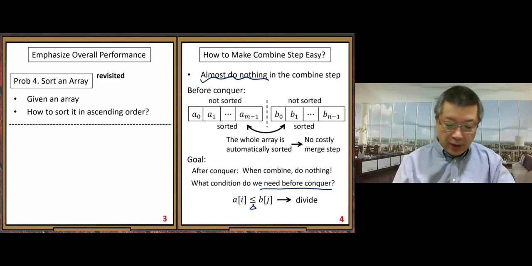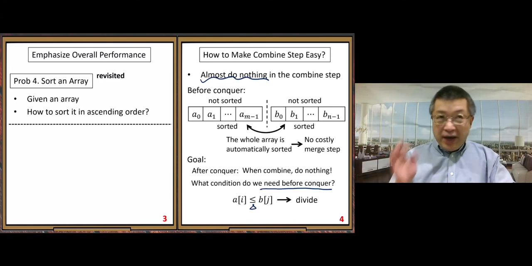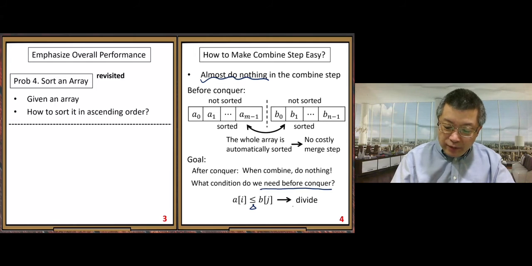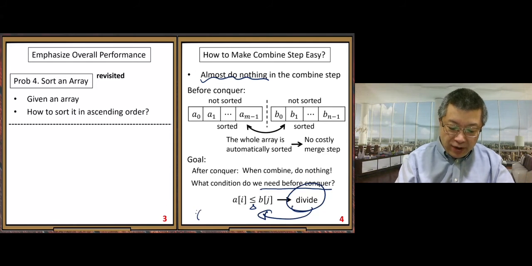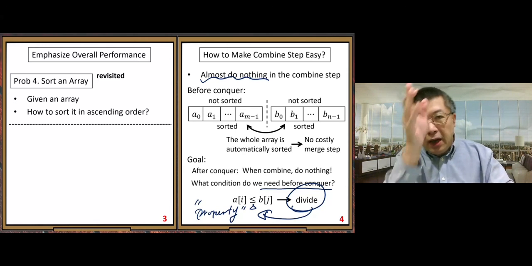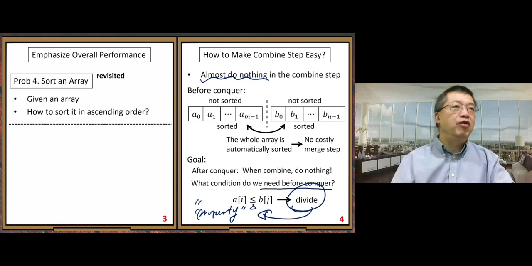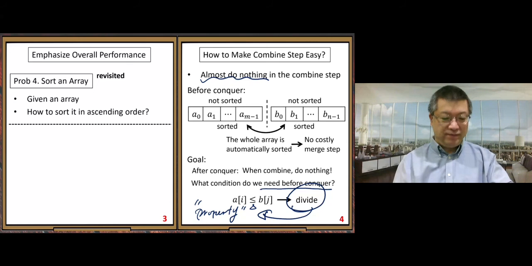So when we do the divide step, we want to have this property. That's the key property we would like to have for our divide step.